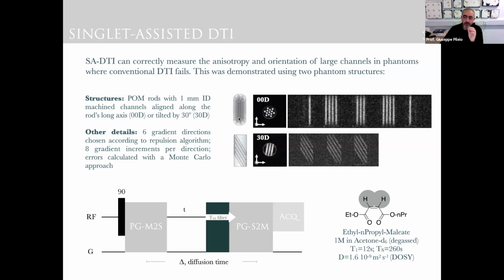We also had another version of these holes, which are tilted 30 degrees with respect to the laboratory Z axis, which is the axis of the magnetic field.